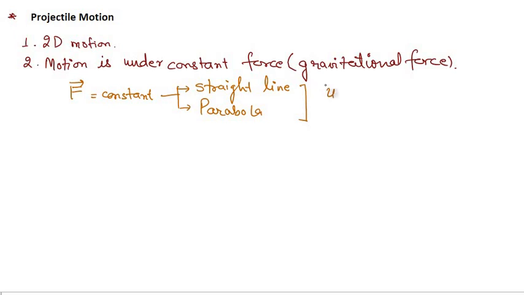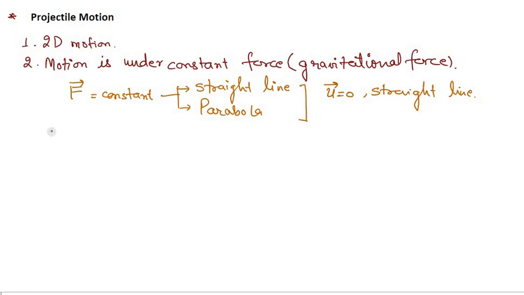If the initial velocity is 0, then the path will be a straight line, under the consideration that the force is constant.